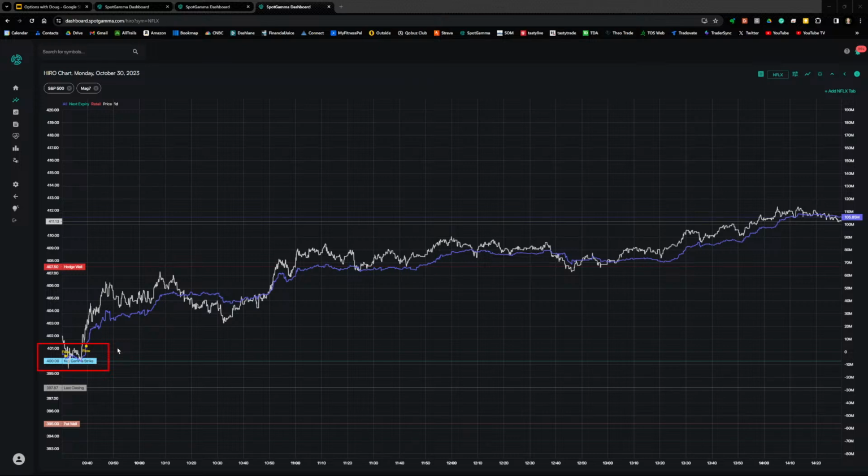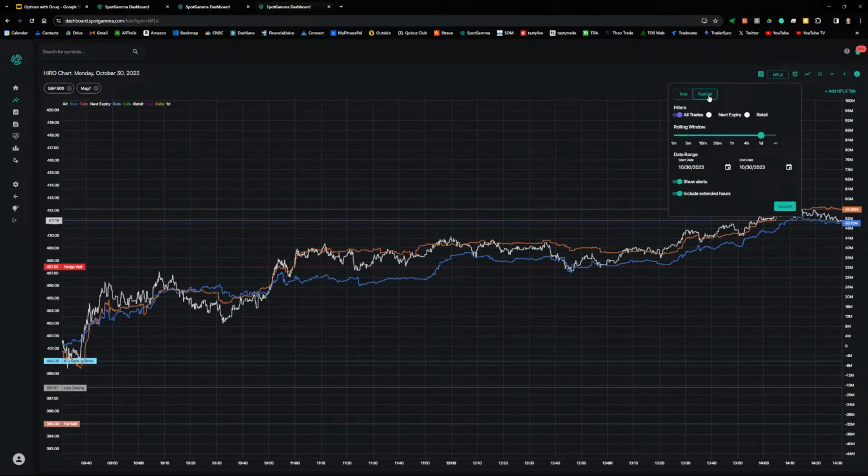Yes, it was. That is the key gamma strike. So good choice of words there, key gamma strike. Note the flow alerts, a couple of flow alerts right at the open. And traders have been buying calls and selling puts in Netflix today.